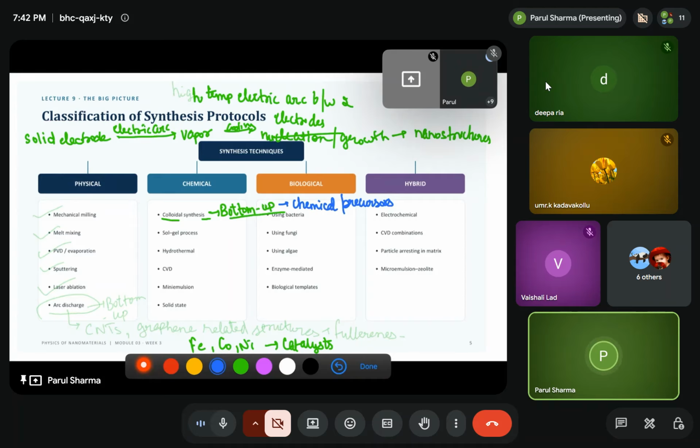So what is the basic idea? Chemical precursors, then nucleation, growth, and then colloidal nanoparticles.